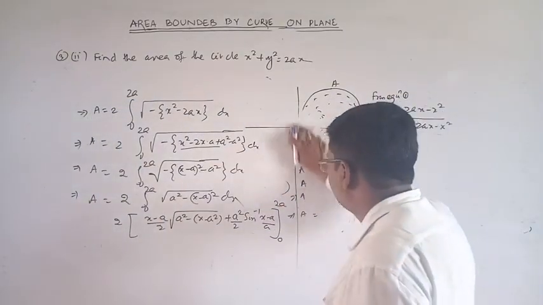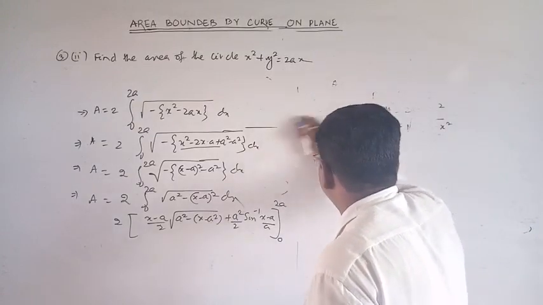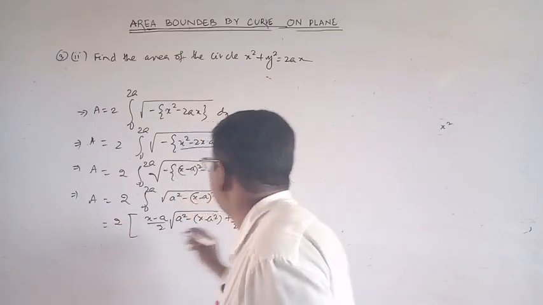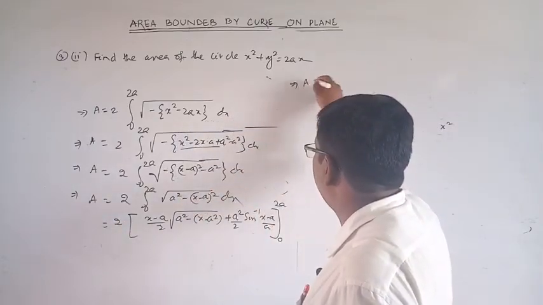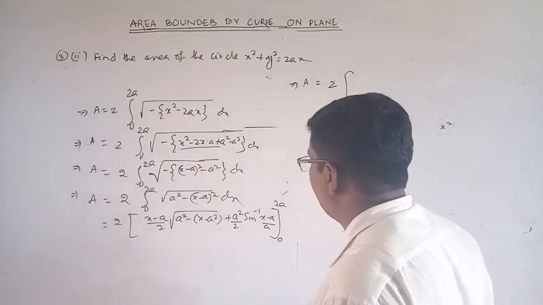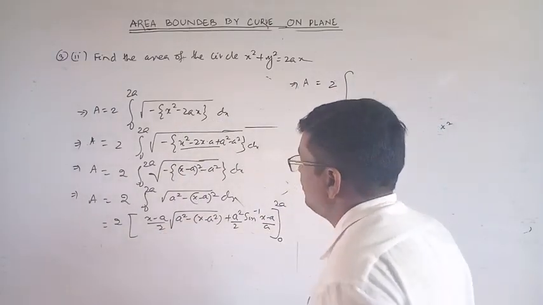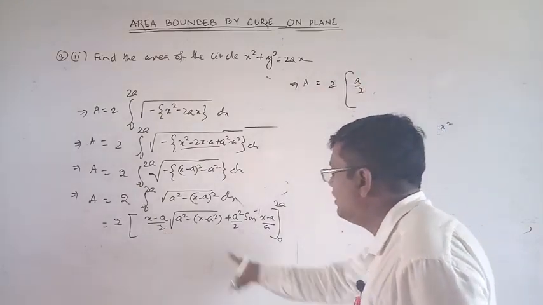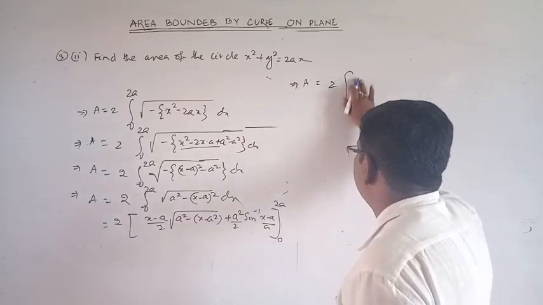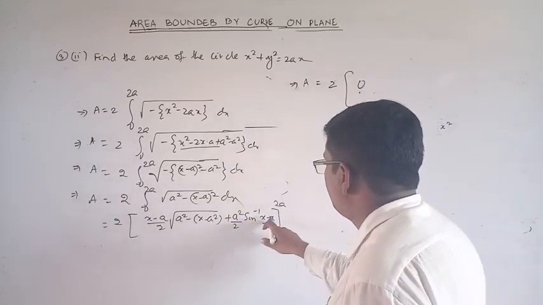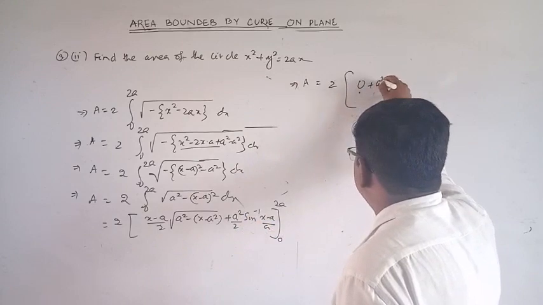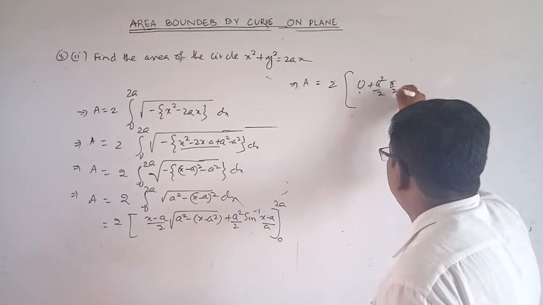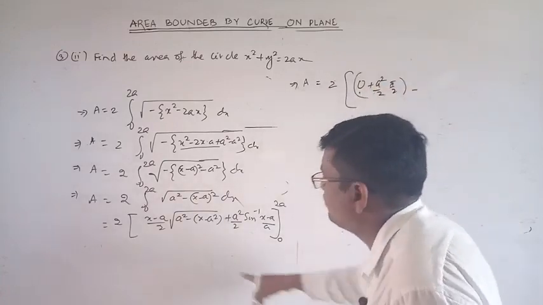Now A is equal to 2 times, put the upper limit: 2a minus a by 2, and this is 0. This is 0. Then a square by 2, sin inverse of (2a minus a) by a, that is sin inverse 1, minus, put x is equal to 0 here.